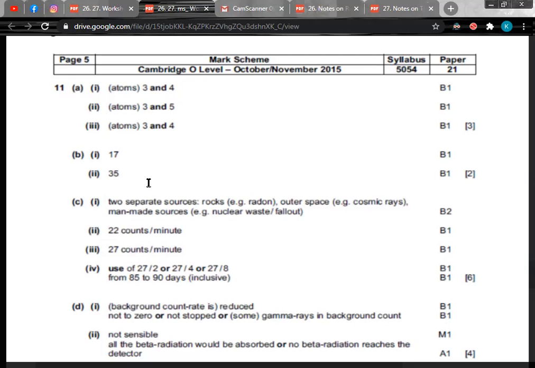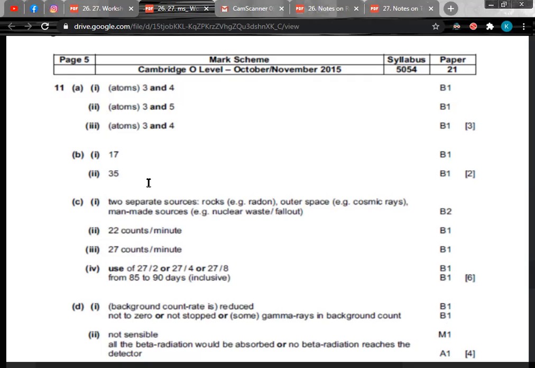Your major sources: cosmic rays, radon gas, and nuclear power station waste. So when you are mentioning, first mention these three. If you want to use more, next time you can say medical.